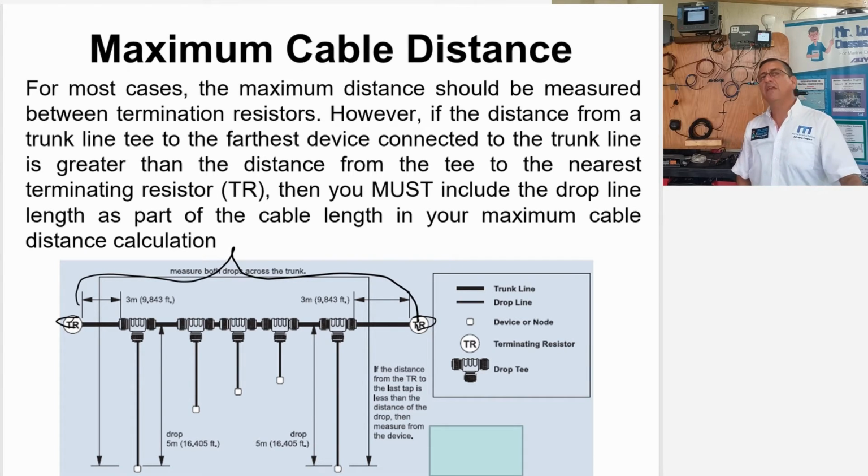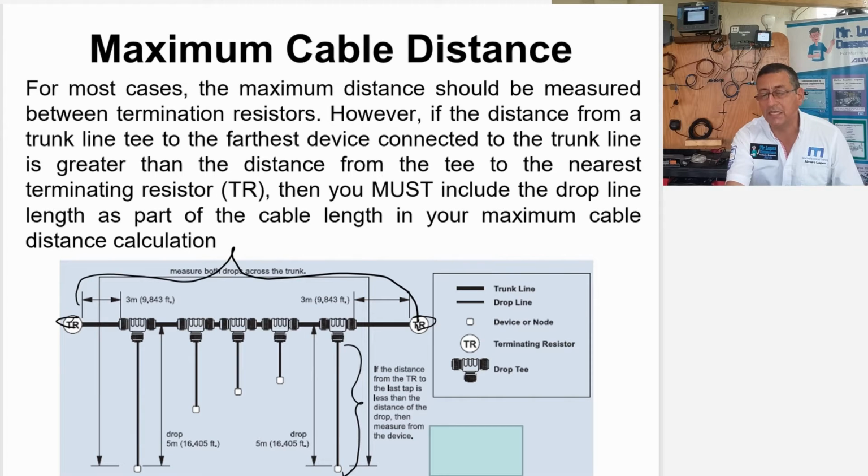If the drop line of any equipment is bigger than the distance between the T and the terminal resistor, you need to add this distance to the total maximum distance calculation.